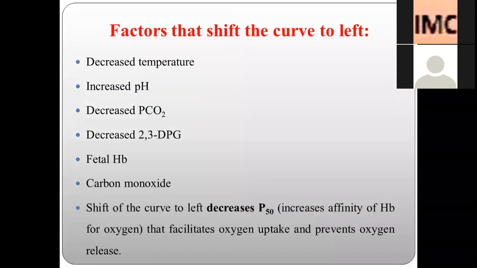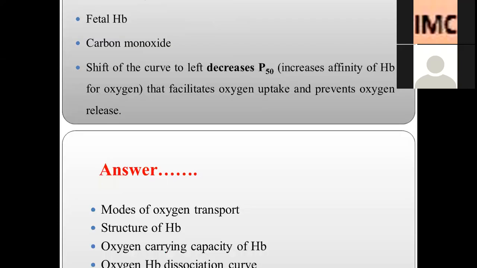Now, what are the factors which shift the curve to the left? Decreased temperature, increased pH, decreased PCO2, decreased 2,3-DPG, fetal hemoglobin, and the presence of carbon monoxide. This causes oxygen uptake and prevents oxygen release. So, to summarize, these are the factors that affect the curve.